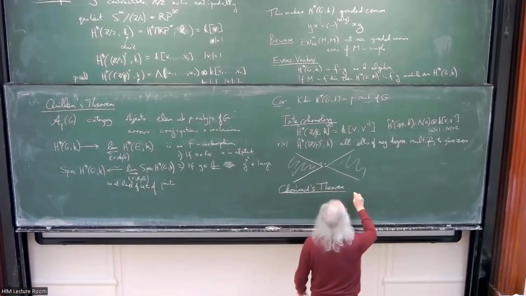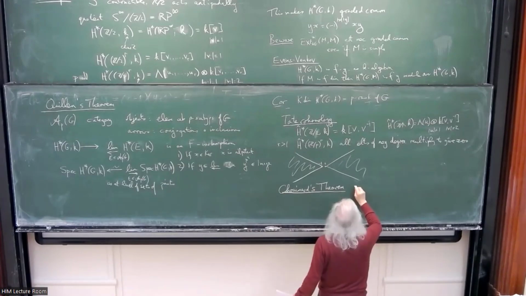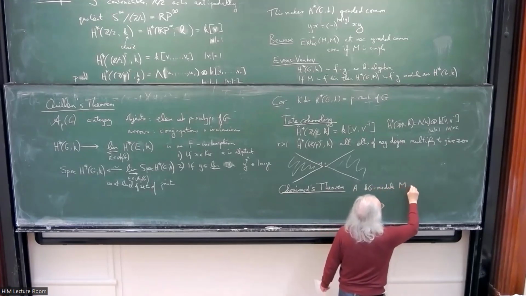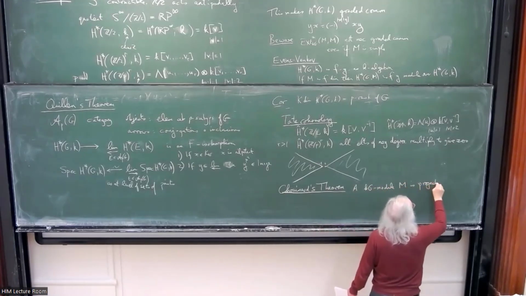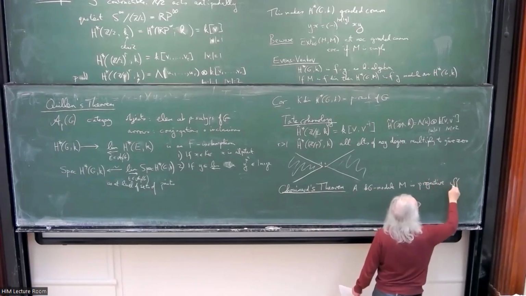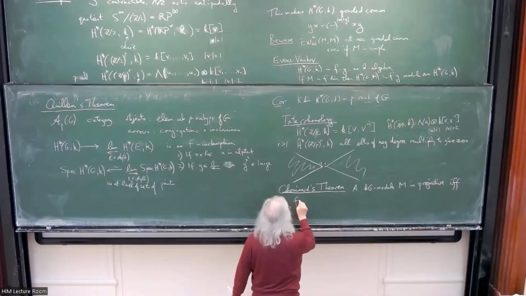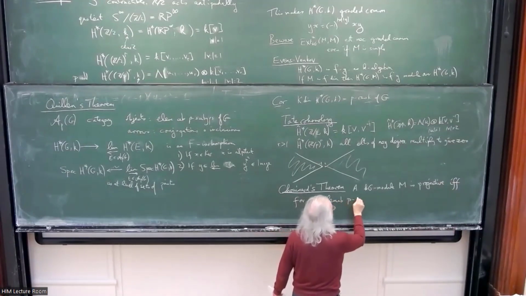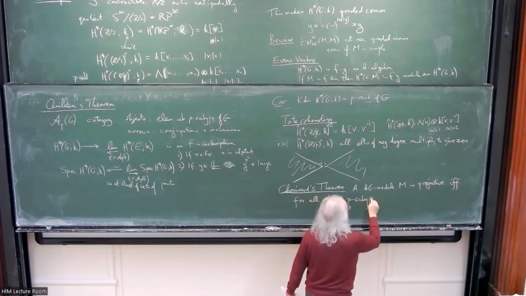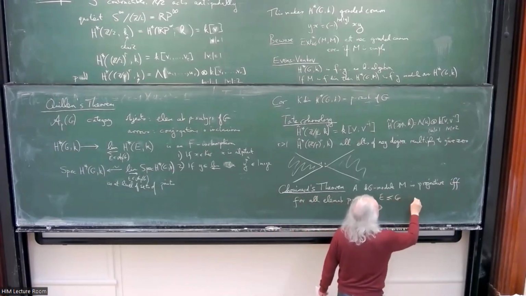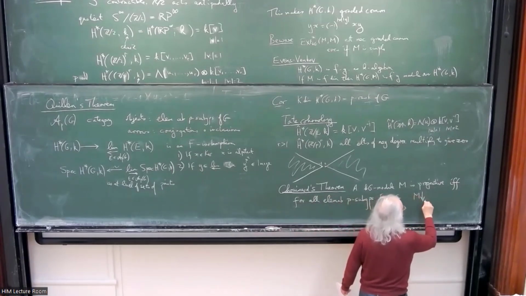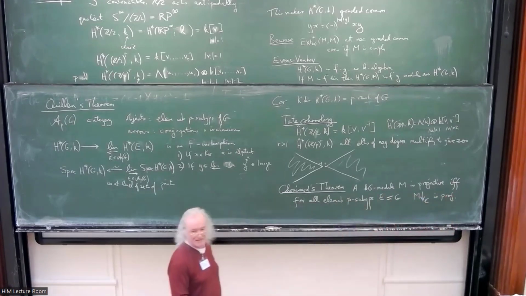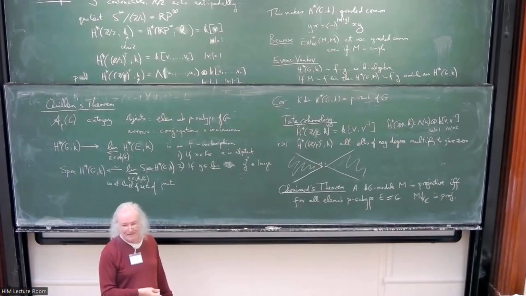It says that the kG-module M is projective if and only if for all elementary abelian p-subgroups E of G, the restriction of M down to E is projective. So in other words, you can detect projectivity on elementary abelian subgroups.